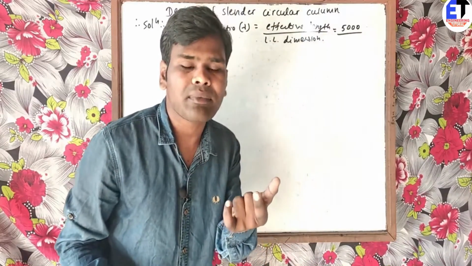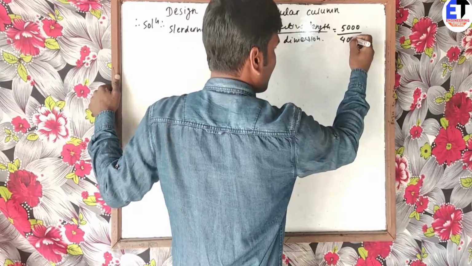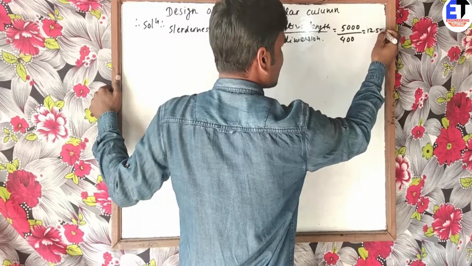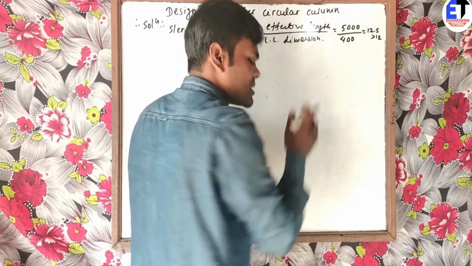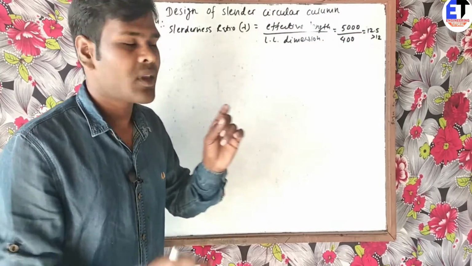This gives 12.5, which is greater than 12. So this is a slender column.